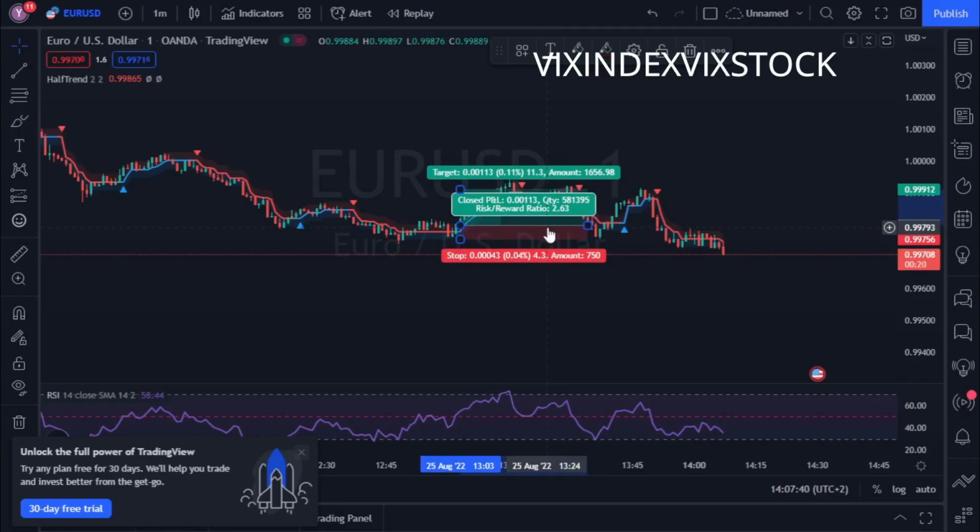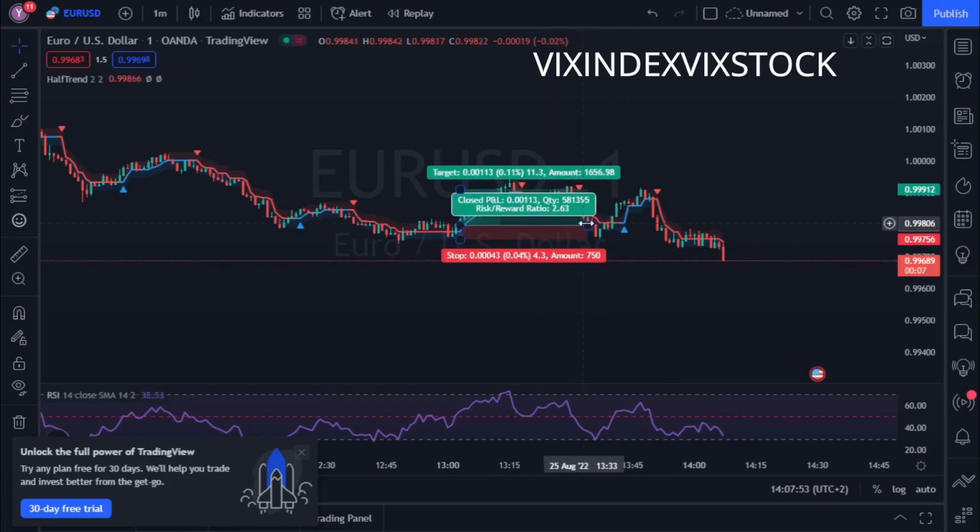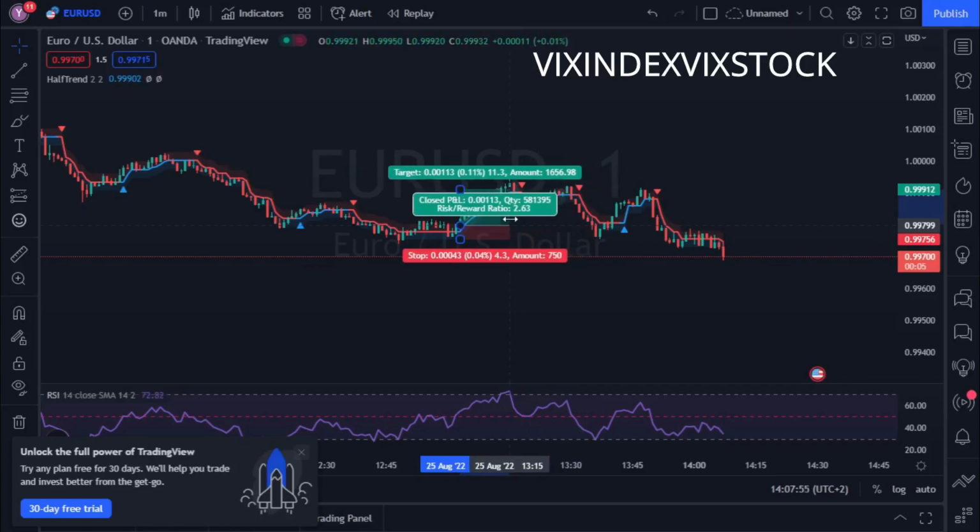Our aim is at the most 1:2, but 1:1.5 is good with us because we are scalping. We are not looking for any other funny things. So that would be a good buy trade there.